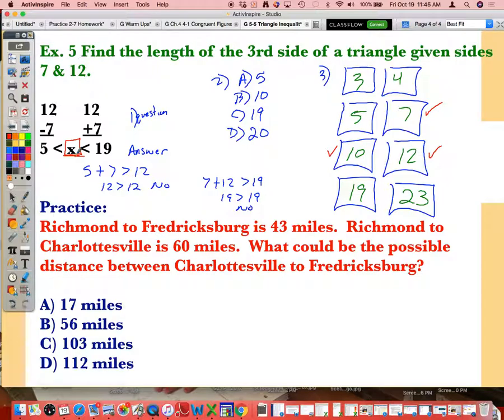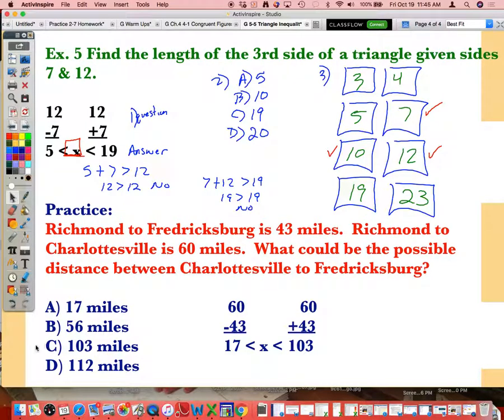What do we need to do with these 2 numbers? Subtract them and then add them. So here, 60 minus 43, 17. 60 plus 43, 103. Now notice I put 17 as an answer and 103 as an answer.